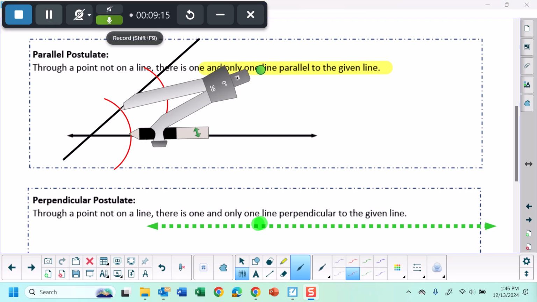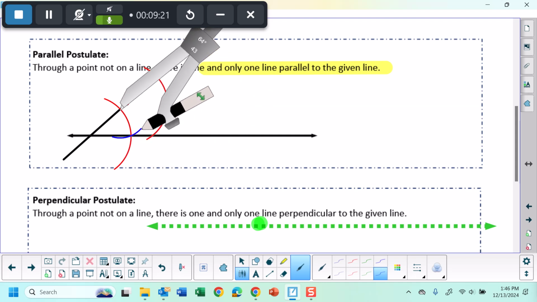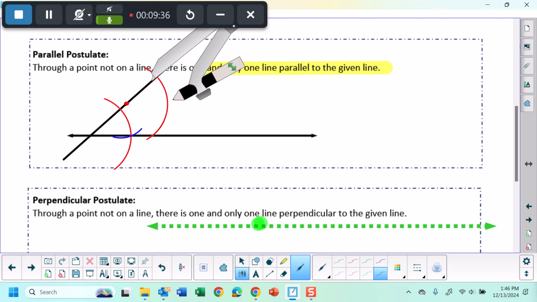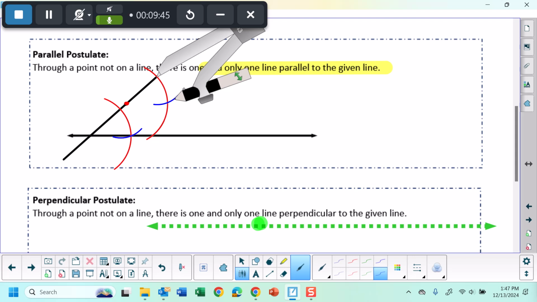All right, once you get that measurement as precise as you can, draw an arc to say, I measured this distance and I'm locking it in. And then you're going to put your sharp back up to where your working arc intersects this top angle, and you're going to draw that arc again.